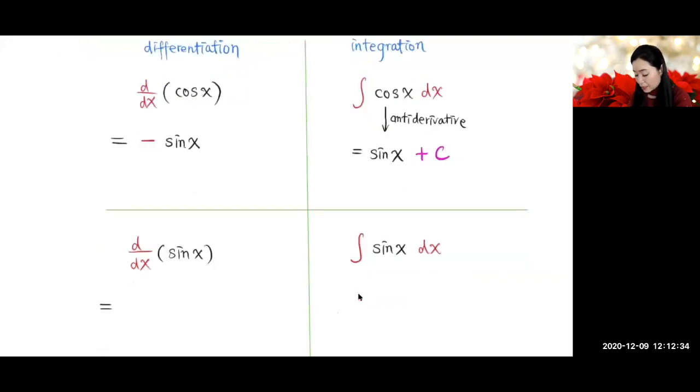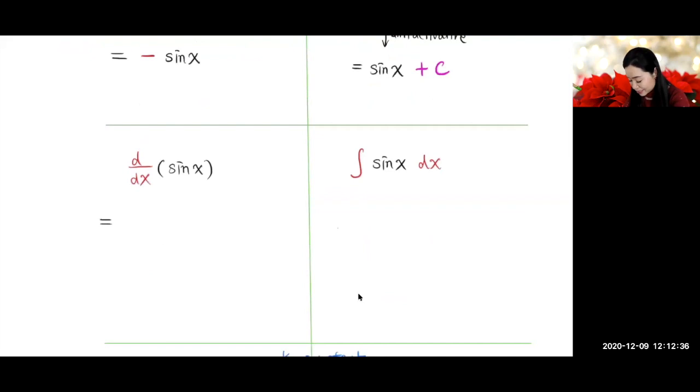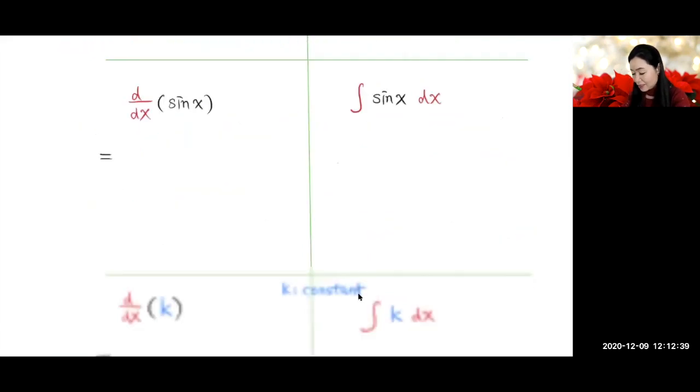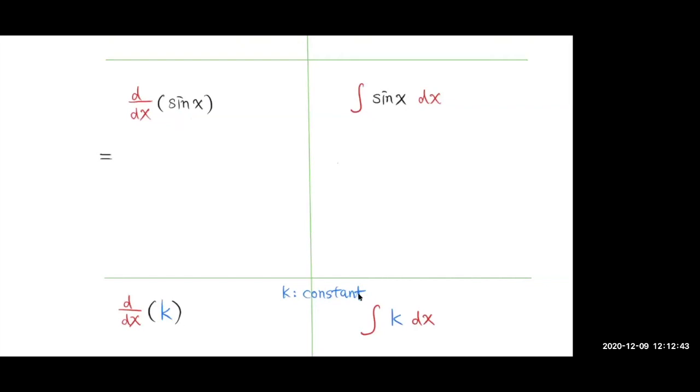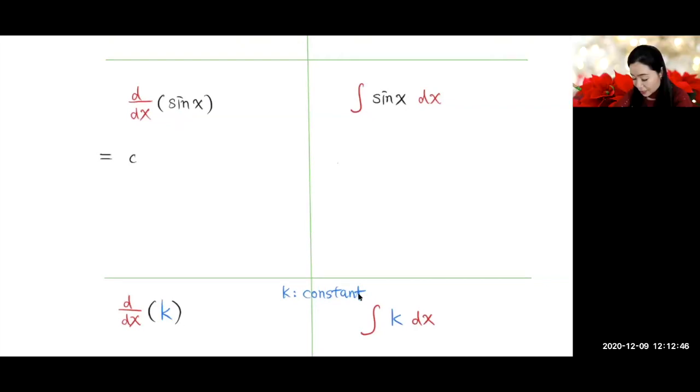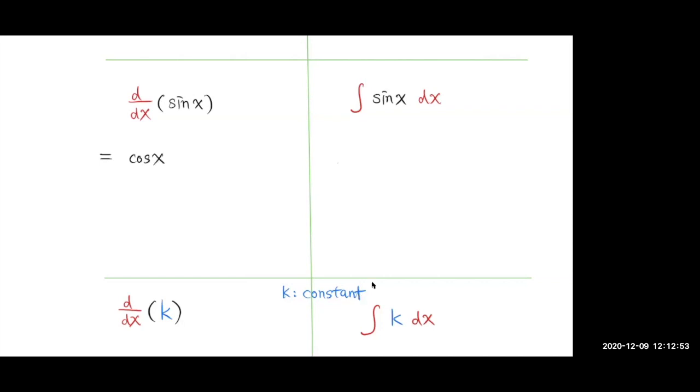Now what about this one? Differentiate sine x. What do you get? Cosine x. And you integrate sine x. What do you get? Negative cosine plus C. You got it.